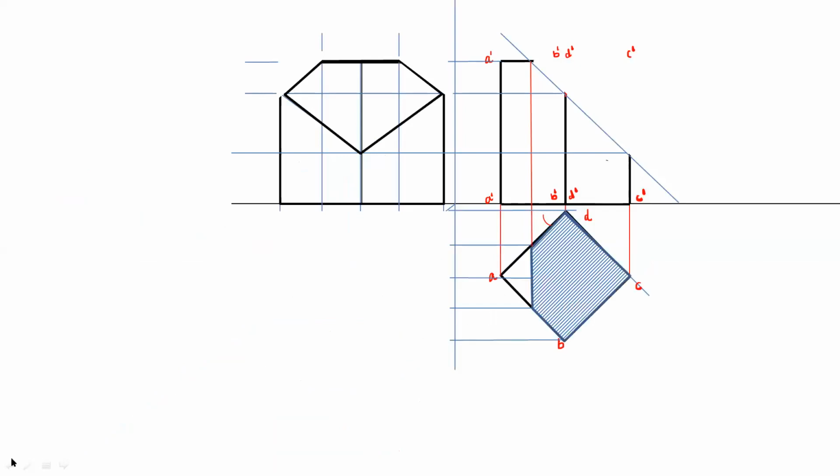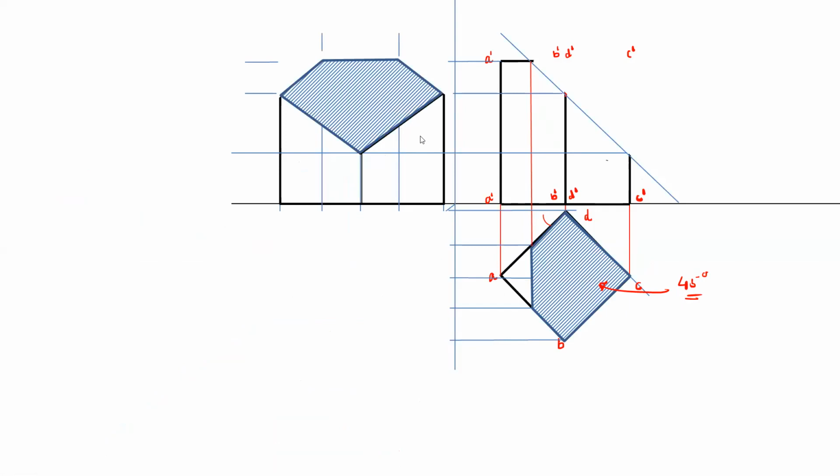You can draw these at 45 degrees. Similarly in the right-hand side view. So this is your front view, sectional side view and sectional top view.